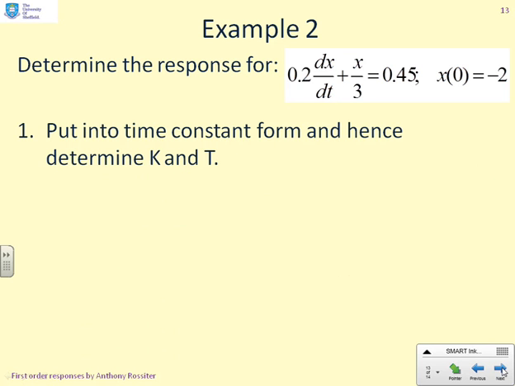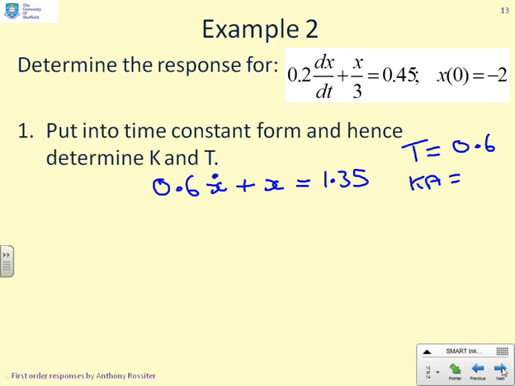So here I've got to multiply by 3, so I will get 0.6 x dot plus x equals 1.35. So I've essentially multiplied every term in the equation by 3 so that the coefficient of the x is 1. So what I've got now is T equals 0.6 and kA equals 1.35.